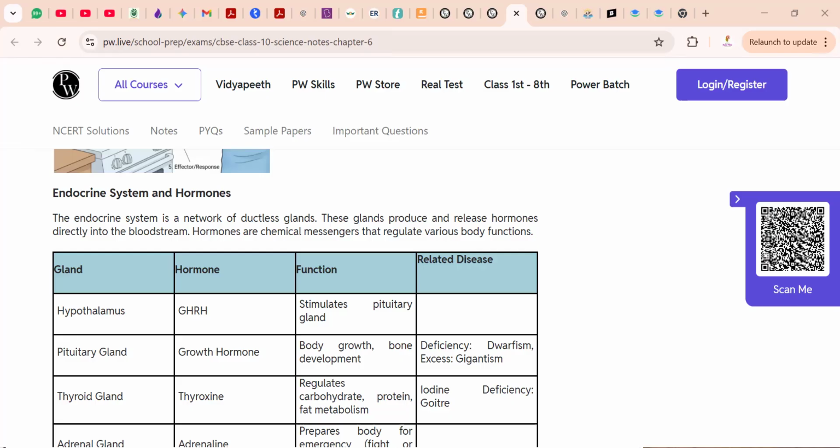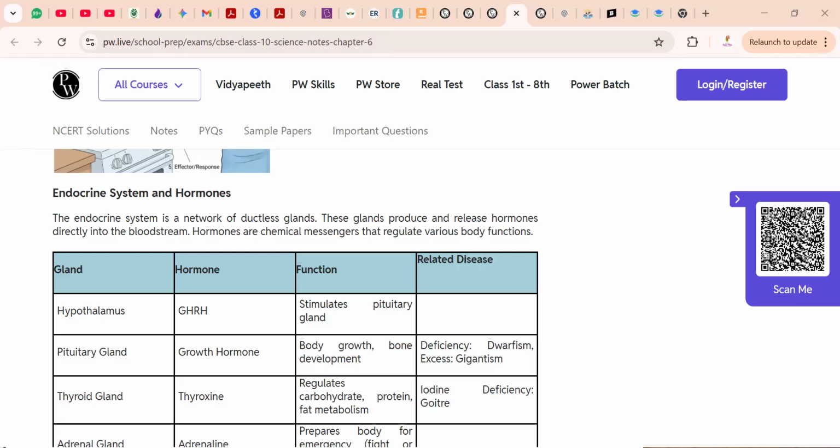They receive the stimulus from the nervous system, and they carry out the response by producing movement or secretion. Hope this is clear for you. The effectors, muscles or glands, act in response to a stimulus received from the nervous system, and carry out the response by producing movement or secretion.